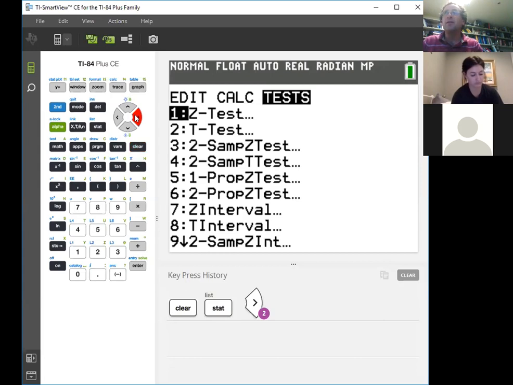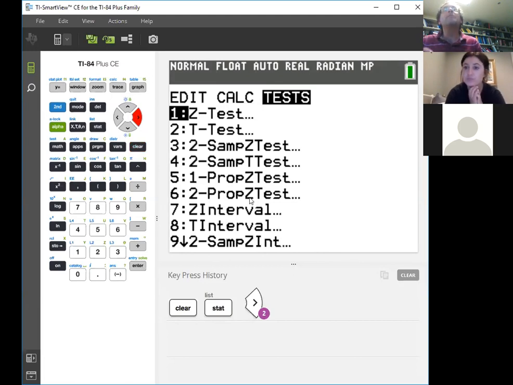It's yes or no. So what are we going to use, any guess? Two-sample z-test? Okay, it's 2-PropZTest because it's proportions.